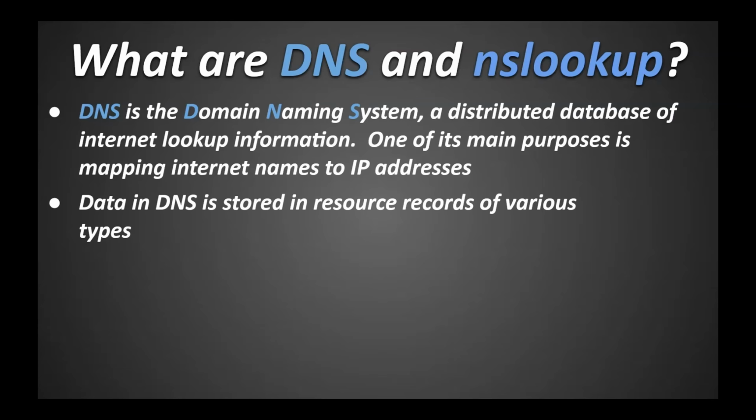The data in DNS is stored, as I just said, in resource records of various types. There's types that map between human readable names, internet names, and IP addresses. There are some that map between the name and what DNS servers they use, and also map between the name and what email servers they use.